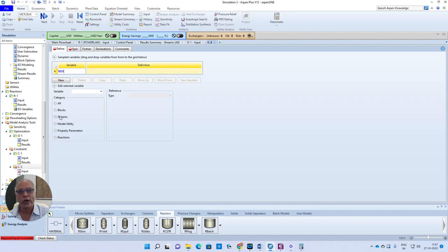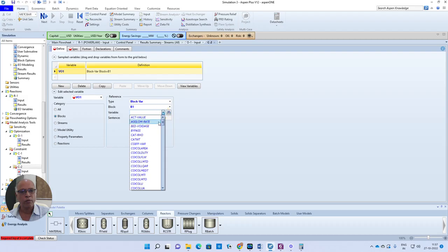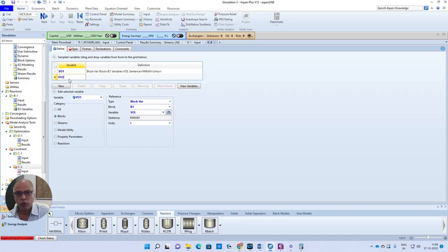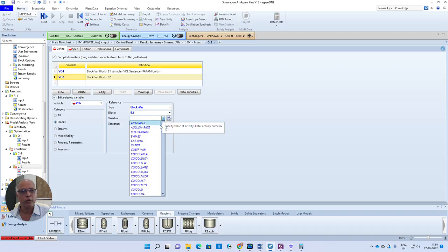I am using VO1 as the volume of the first reactor, V1. Again, the variable is volume. Similarly, I would like to define VO2, volume of the second reactor. It's also a block variable, like what I did in the earlier case. V2, variable is volume.